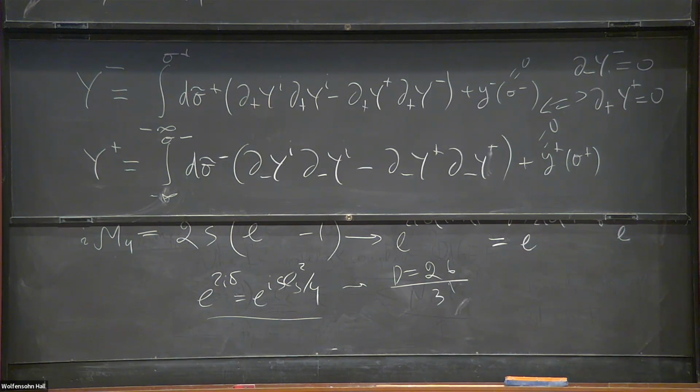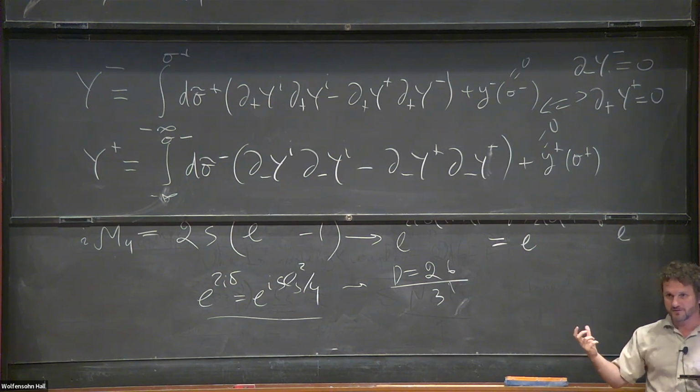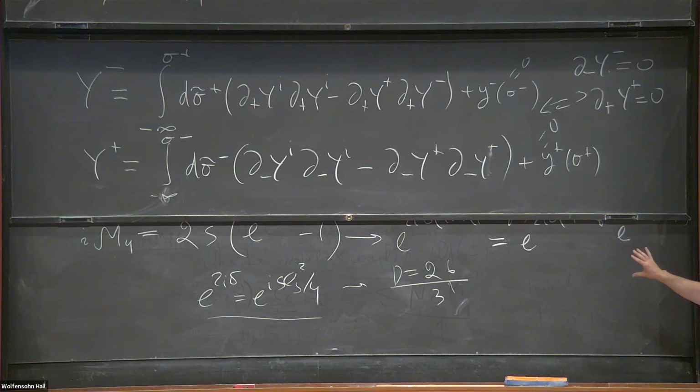So I said this is a very simple theory of gravity, and to some extent the only memory of the fact that this is a theory of gravity is manifested by the fact that what we call physical clocks and rods are themselves operators in this theory, this y plus and y minus.